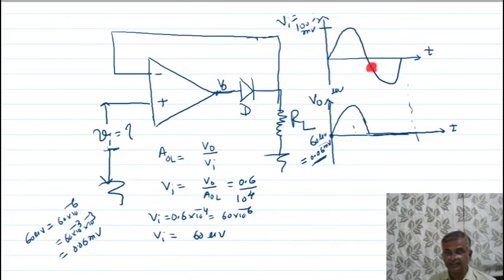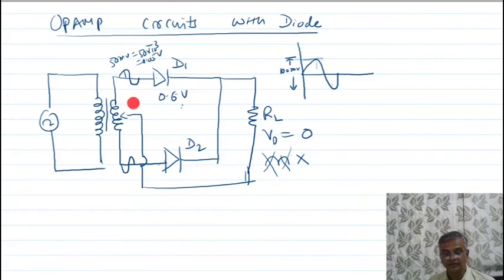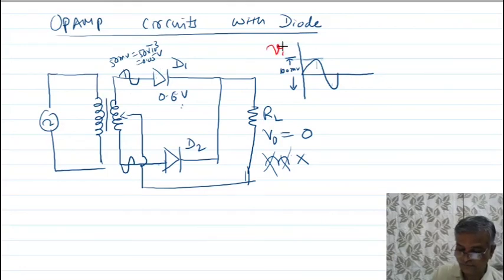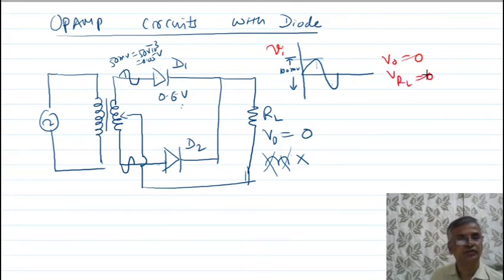But if this signal is given to your ordinary rectifier, you will not get any output. If this is your input Vi, then the output Vo across RL is 0.